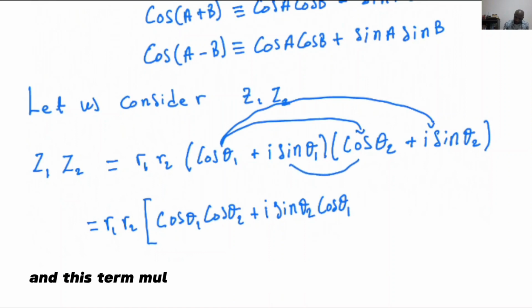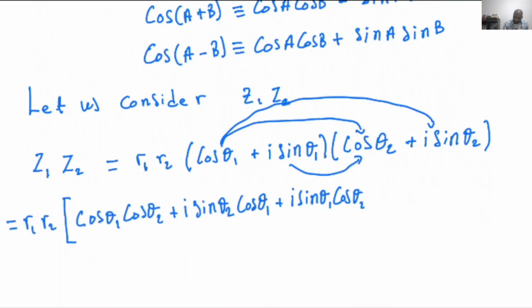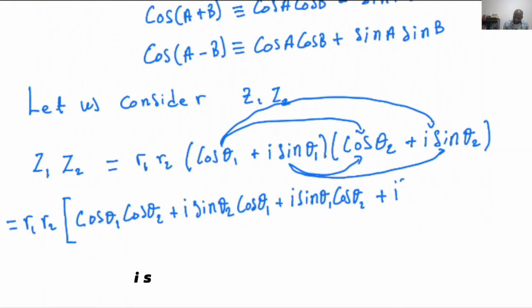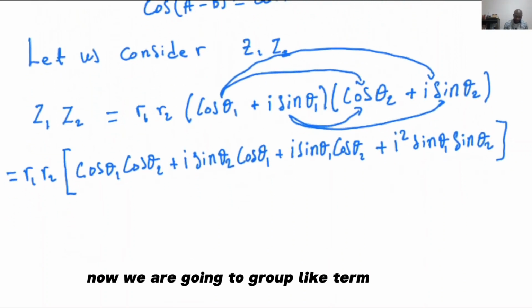And this term multiplied by this term, we have plus i sine of theta 1 cos of theta 2. And then this term multiplied by this term, we have plus i squared sine of theta 1 sine of theta 2. There you go.